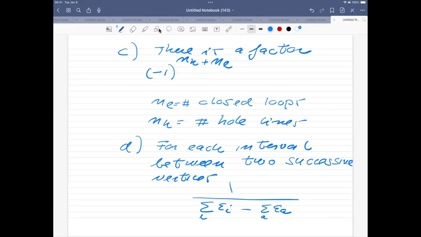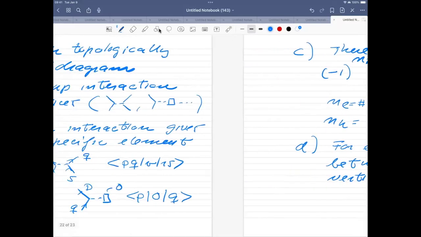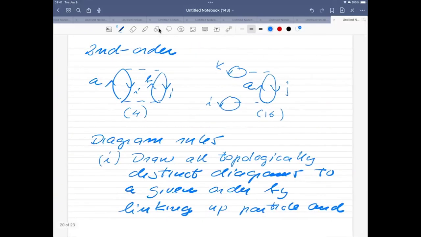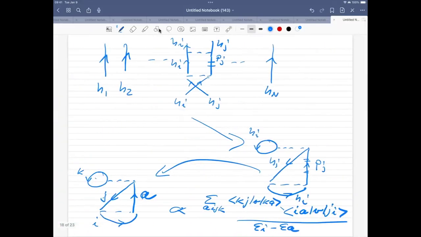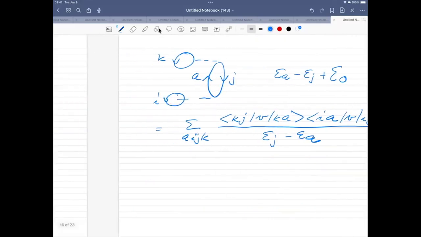So if we now look at that specific term here, you can see that this arises if you go back to the diagram which we drew in the previous lecture.